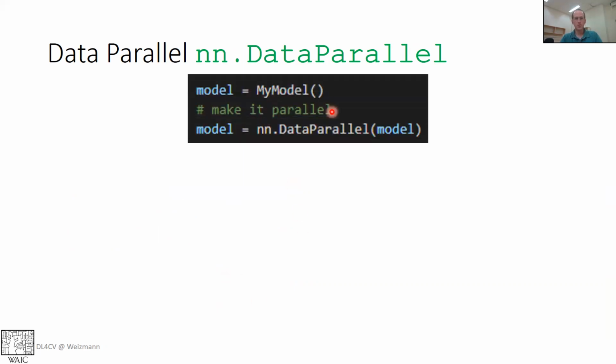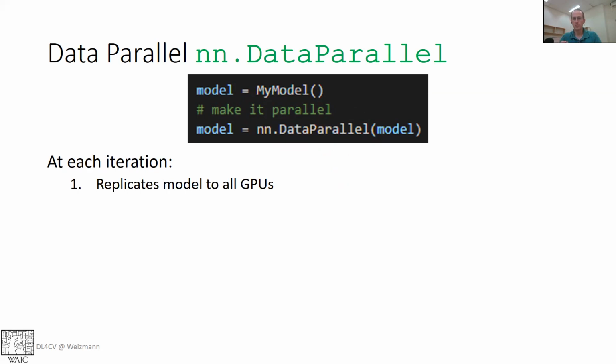So we start our model, we define it, and now we make it parallel by just wrapping it inside this DataParallel instance. And what this does: DataParallel holds basically a master copy of the model and all its weights. At each iteration, it replicates the model to all the GPUs, making sure you have identical copies of the model everywhere.